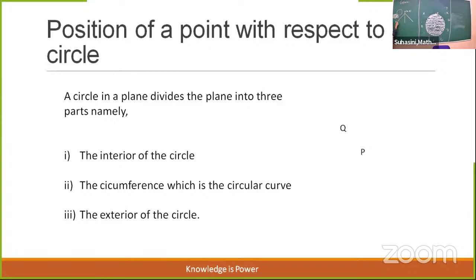So, if a point P(x, y) is given, it may lie inside the circle, it may lie on the circle, or it may lie outside the circle.